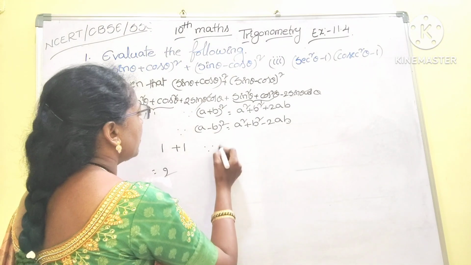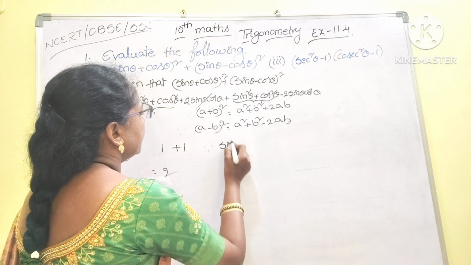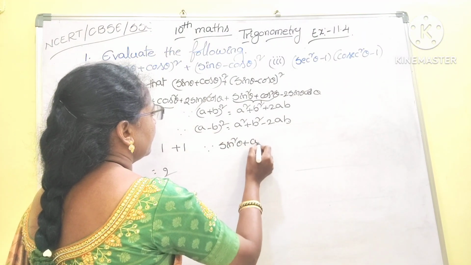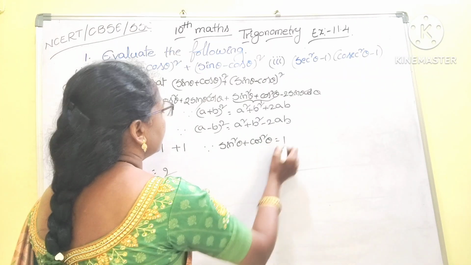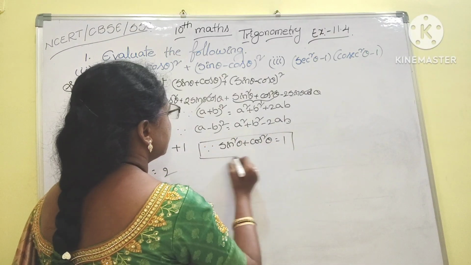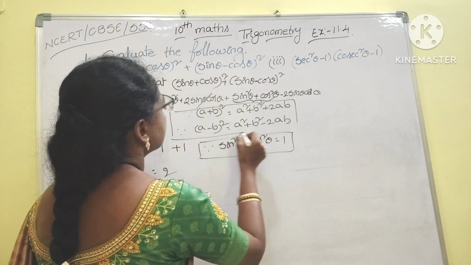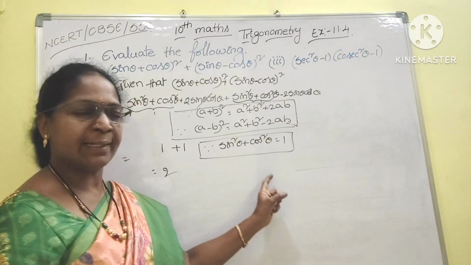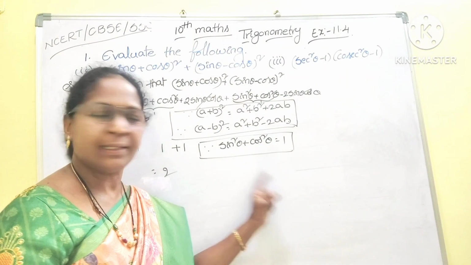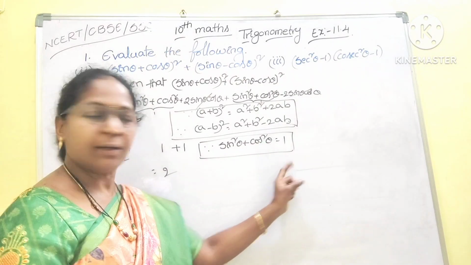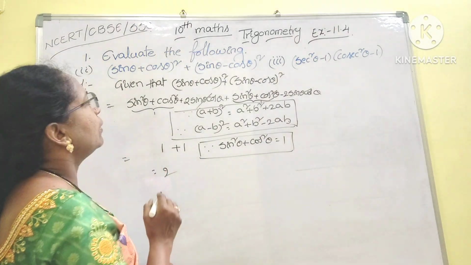Which formula did we apply? Sin square theta plus cos square theta equal to 1. This is one of the identities. According to these two identities, we simplified, and the last one is the trigonometric identity sin square theta plus cos square theta equal to 1. So 1 plus 1 equal to 2.